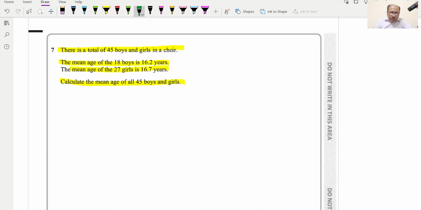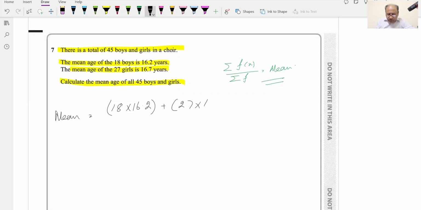So we know the mean formula, sigma fx over sigma f. This gives us the mean, and the same formula we will be applying. We can write mean is equal to 18 boys multiplied by 16.2 plus 27 girls multiplied by 16.7, and this will be divided by 45.